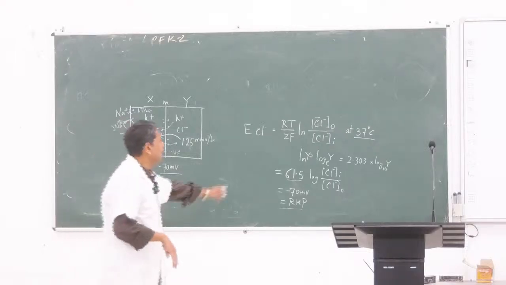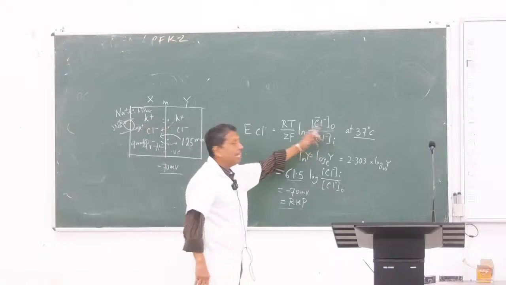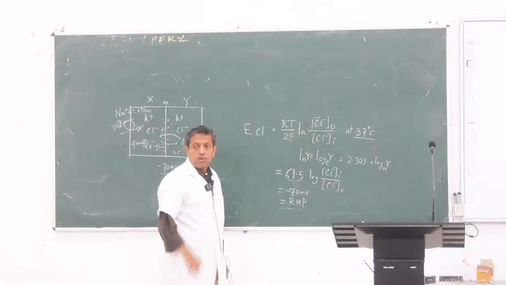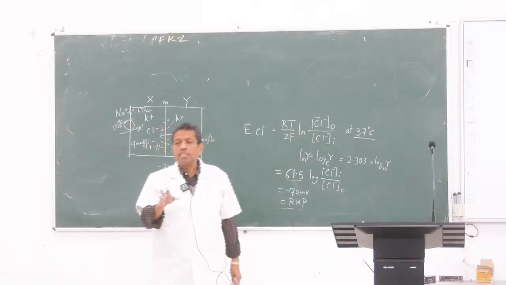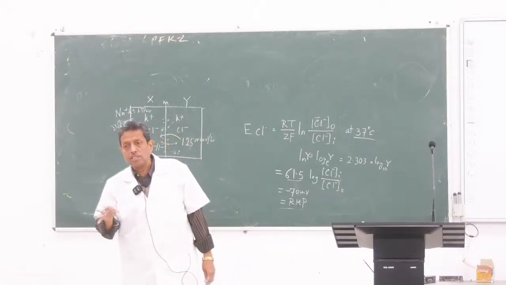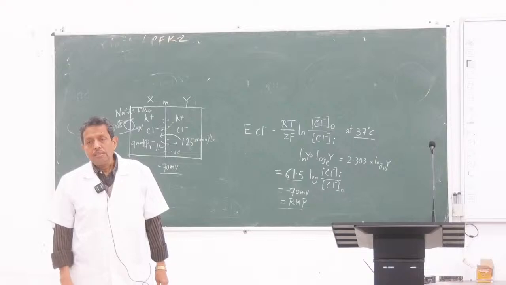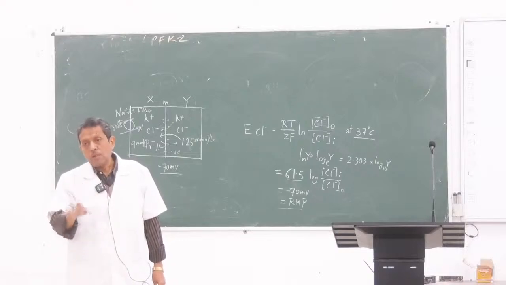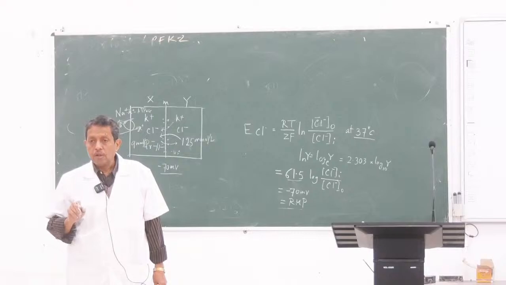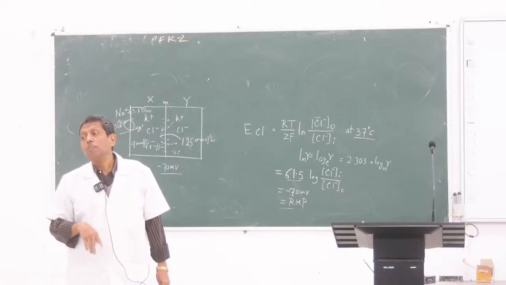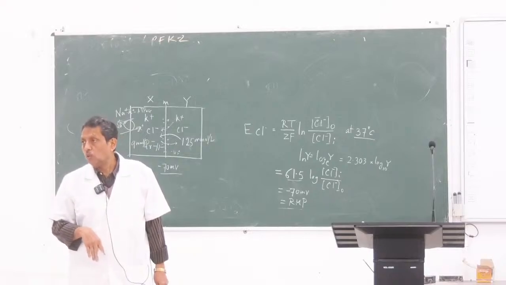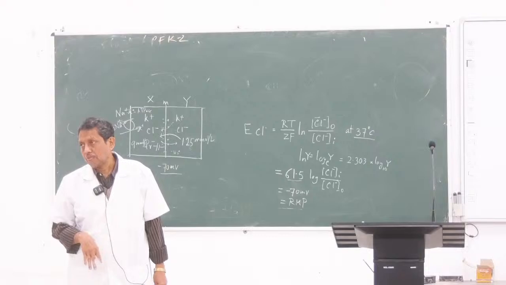This formula has been derived considering that the tendency of the ion to move along the concentration gradient and that of the electrical gradient is equal to 0, whenever there is equilibrium. There is no net movement of the ions.